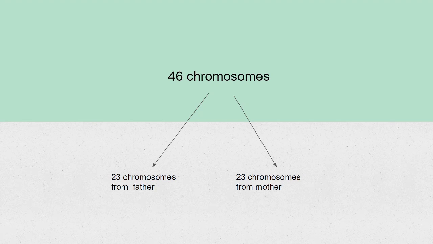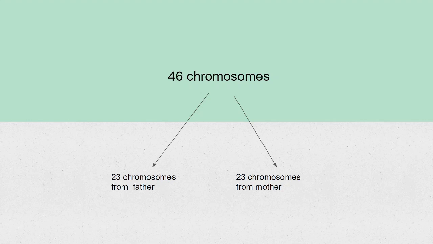A human cell contains 46 chromosomes which contain the DNA that makes each cell unique. 23 chromosomes are inherited from the father and 23 chromosomes from the mother. So we can say that each person is made up of a combination of genetic code from both of their parents.